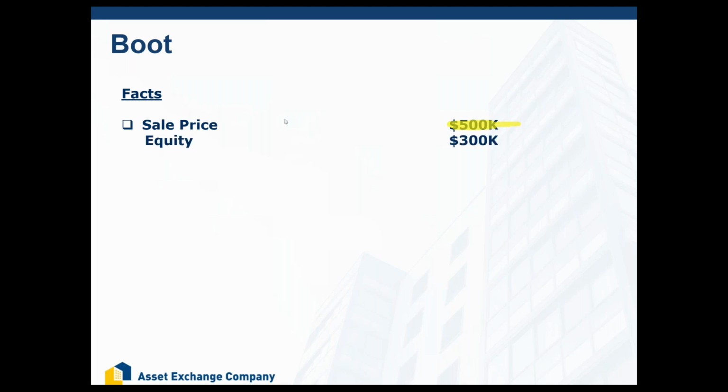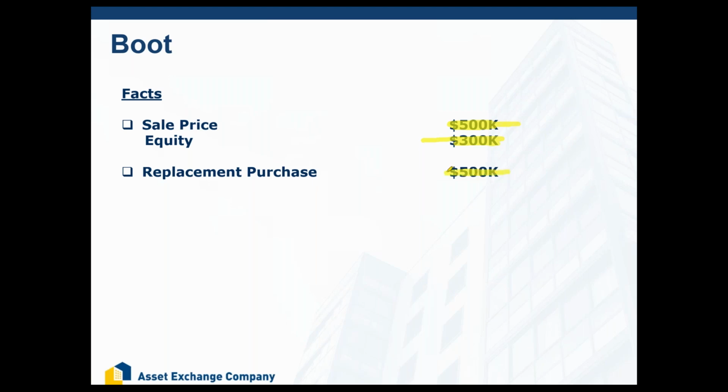I have a $200,000 loan on this property that's being sold, so that means I have how much equity? It's right there, $300,000, right? Equity is the cash you have in your property once you pay off your debt. So when you do an exchange, what do you have to do? You have to purchase property equal or greater in value.